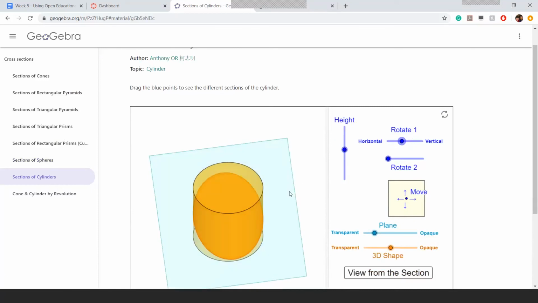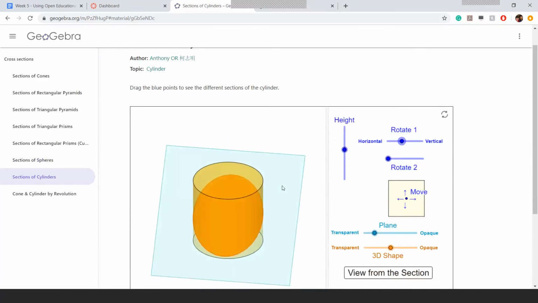Remember that word I taught you at the beginning of this unit, a circle but not quite? These are elongated circles and have the official name of ellipses. So that means your horizontal cut in a cylinder is a circle. Your vertical is a rectangle, but your diagonal is an ellipse.